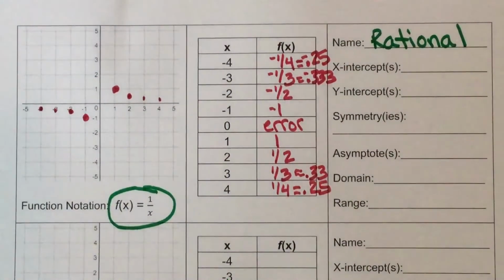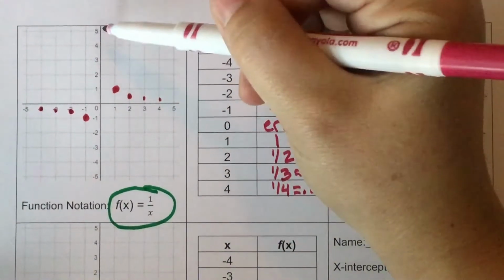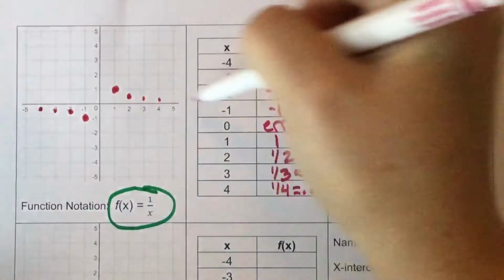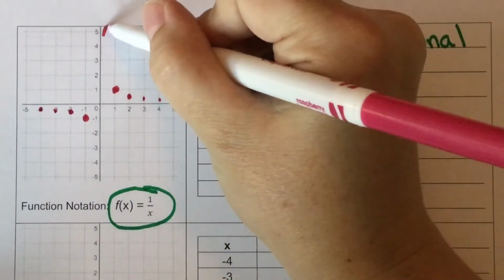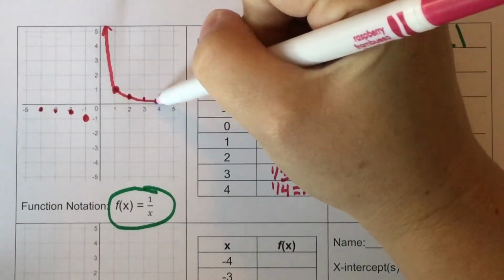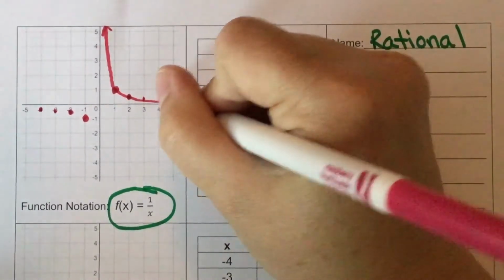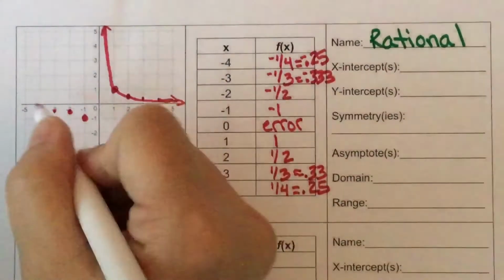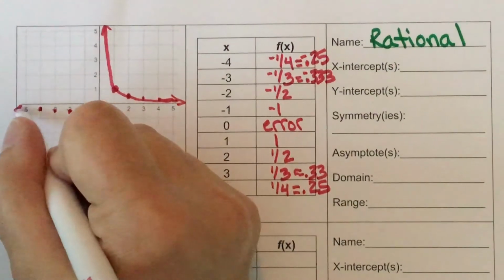Okay, so now I have to try to draw this graph. It is never going to touch the y-axis, and it's never going to touch the x-axis. So it kind of does something like this. It starts flattening out, not allowed to touch that. Oh gosh, I kind of touched the x-axis, but I'm not supposed to. And this one comes this way.